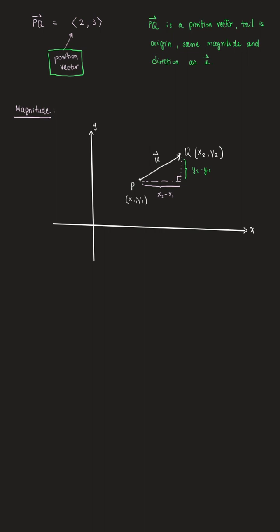So the magnitude of u, which we denote with 2 bars, our vector u enclosed by these 2 bars, means the magnitude or length of u. By the Pythagorean theorem, the length of u squared will be 1 leg squared, so x sub 2 minus x sub 1 squared, plus y sub 2 minus y sub 1 squared.